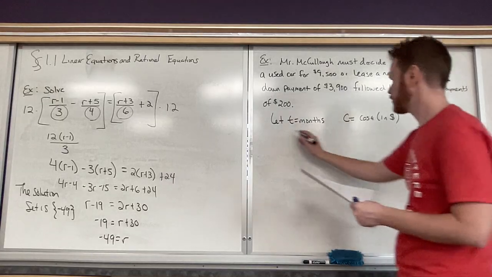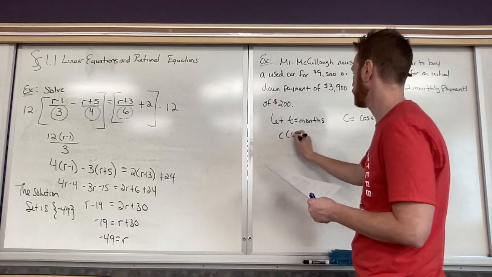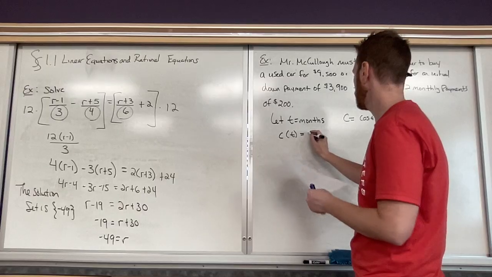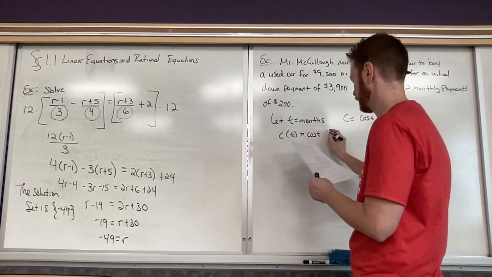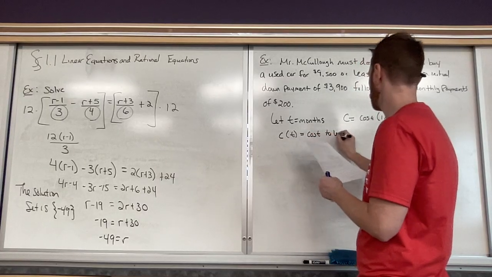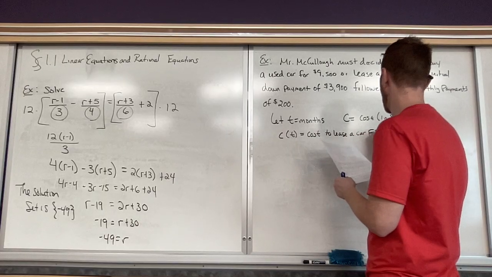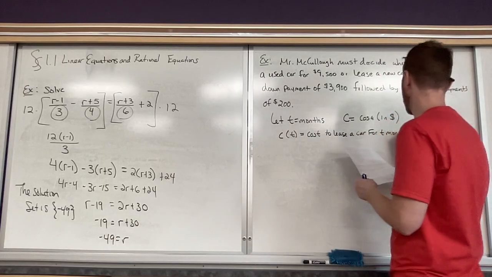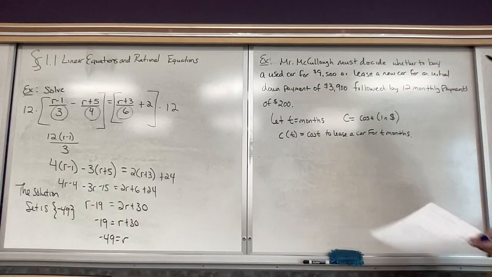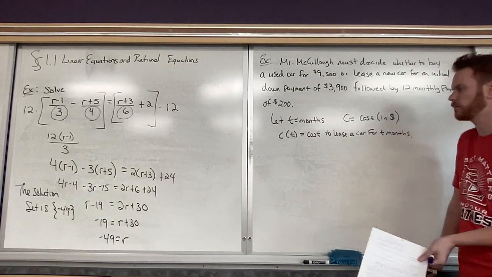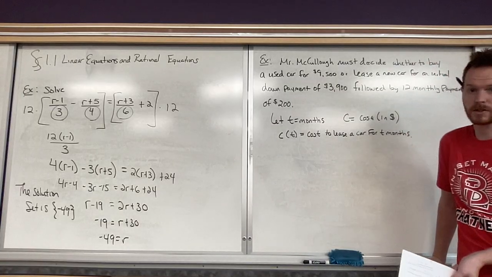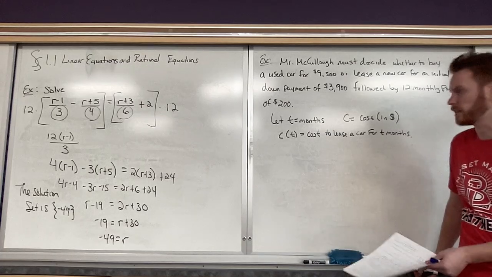And then what I'm gonna do is set up almost like a function here, but I'll say C of T is gonna be the cost to lease a car for T months. Okay, now do you have to make it a function, like do C of T? No. We're gonna be doing a lot of functions in here, so let's get used to that.